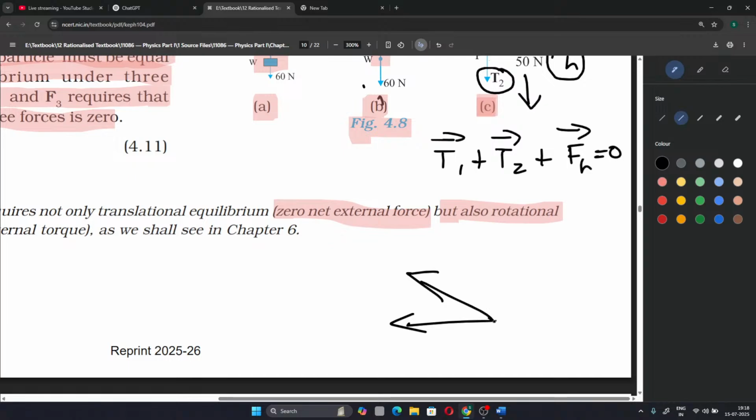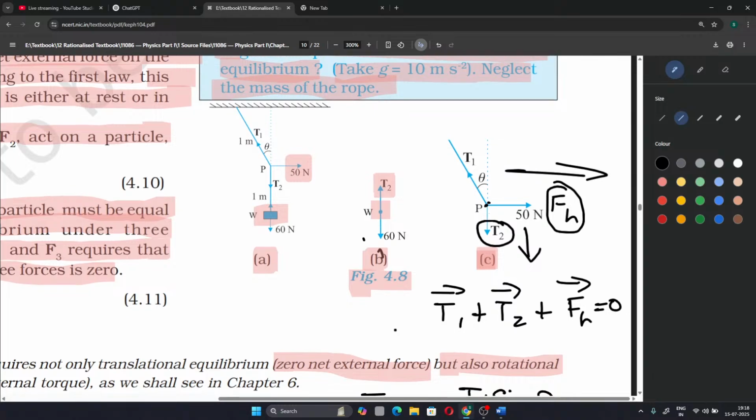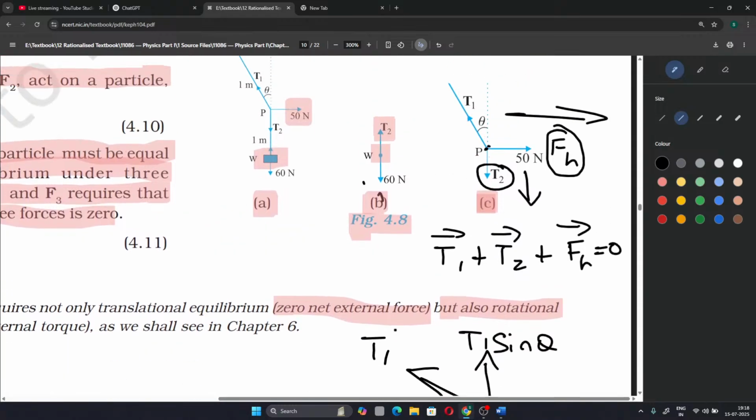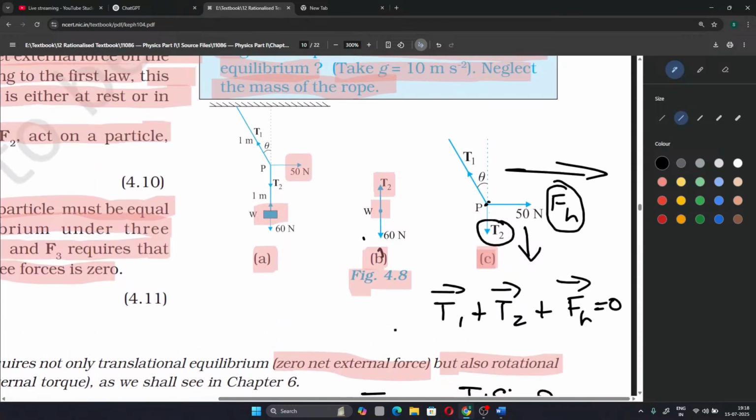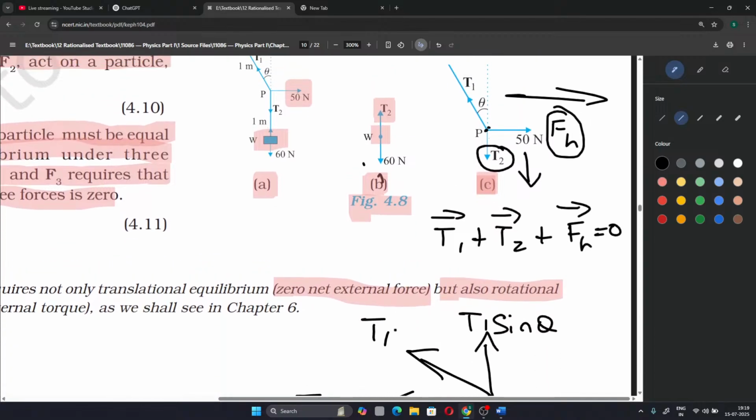This is the sine component, cos component, and this is the sine component. This is T1. This is T1 sine theta, and this is T1 cos theta. This is the resolution. Now, if we want to add up, we need to take vertical components and horizontal components separately.